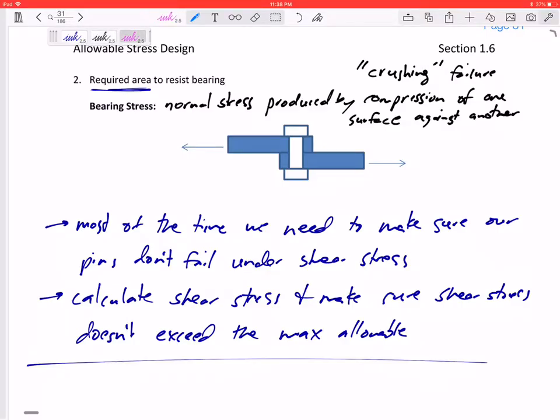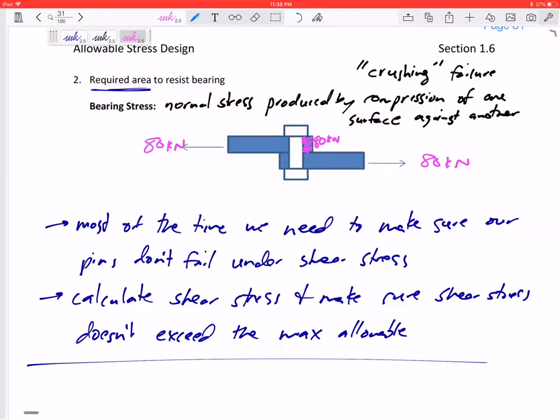All right, so let's say, maybe this is 80 kilonewtons right here. Yes, it may fail right here due to shear, but it could actually get crushed right here due to this 80 kilonewton force right there.